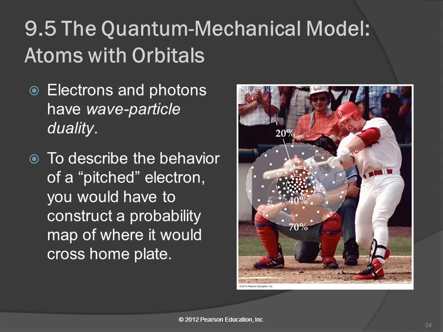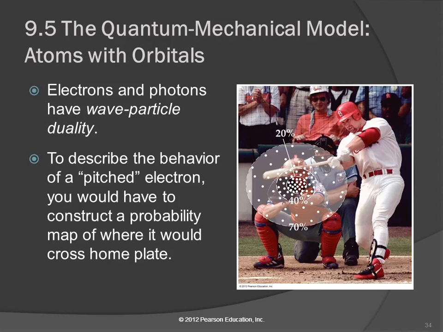So electrons, in some ways, behave like photons, or particles of light. Light is a wave, but it also behaves like a particle. Electrons are particles, but they also behave like waves. So if we pitched an electron, and you could imagine maybe there's a screen here, and each of these white dots is a hole where the electron went through.